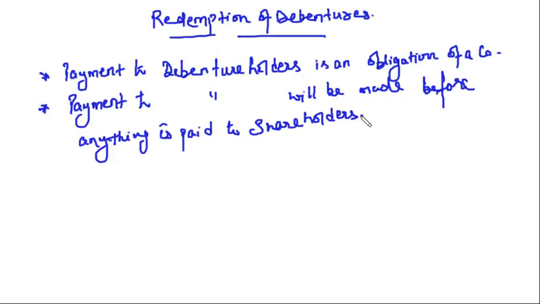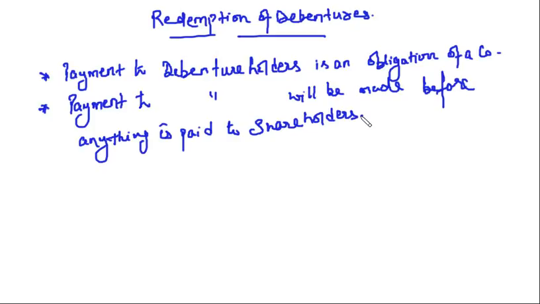This I told you in the last lecture also, that debenture holders will be given a preference over the shareholders when we have to make the payments out of profits. Suppose you earned the profits and you have to give dividend to the shareholders and interest to the debenture holders. Now, what will you pay first? First, you will pay interest to the debenture holders, then you will pay dividend to shareholders.